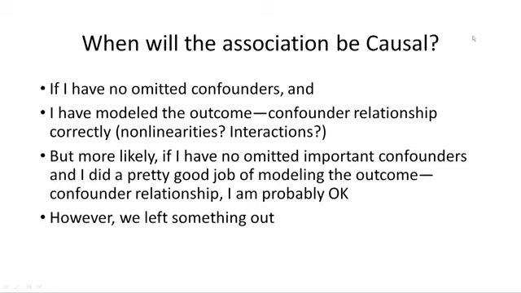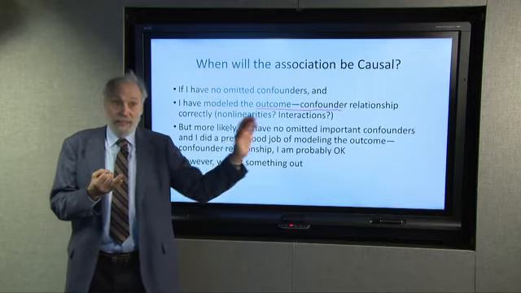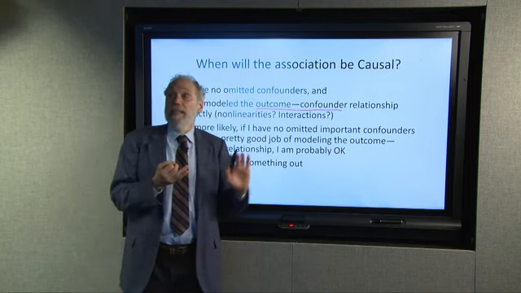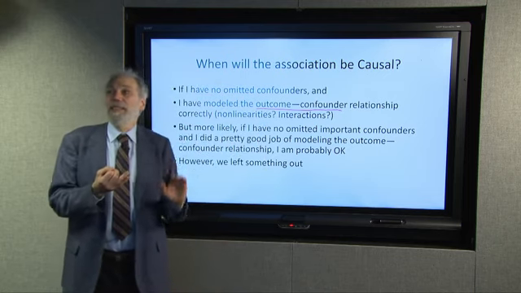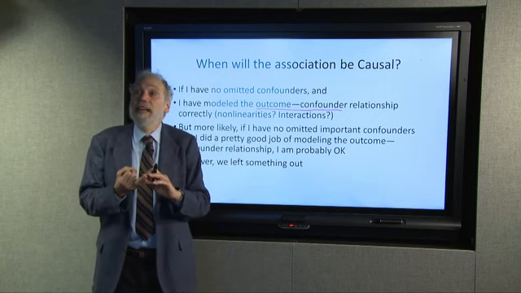And we go out and we collect those confounders. And what we normally say is that if I have no omitted confounders, and if I've modeled the outcome confounder relationship correctly, of course, if you do propensity score models, then you're going to make a different assumption, but let's just take standard epidemiology for a moment.